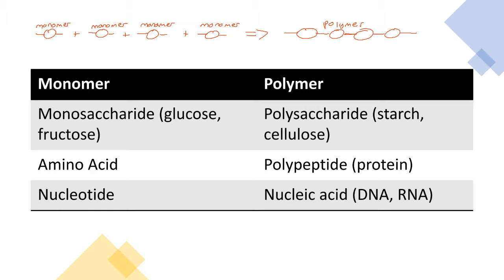If we're talking about sugars, the monomer for a sugar is going to be a monosaccharide. You have 4 monosaccharides, and the polymer you're going to be making is a polysaccharide. This is in terms of carbohydrates.